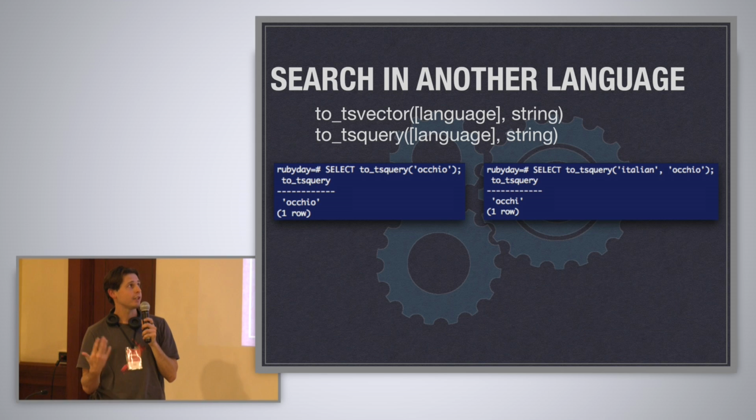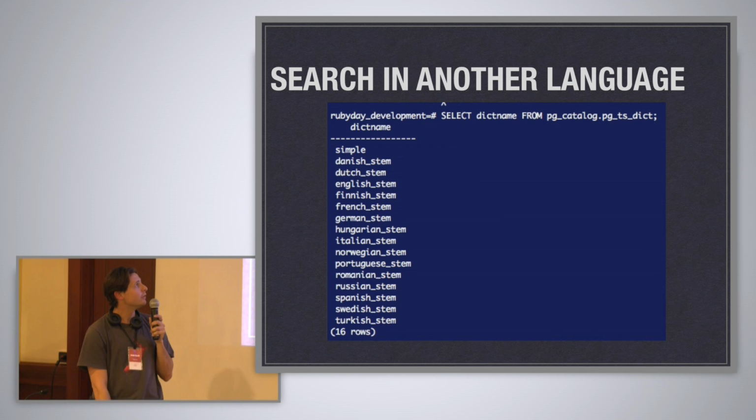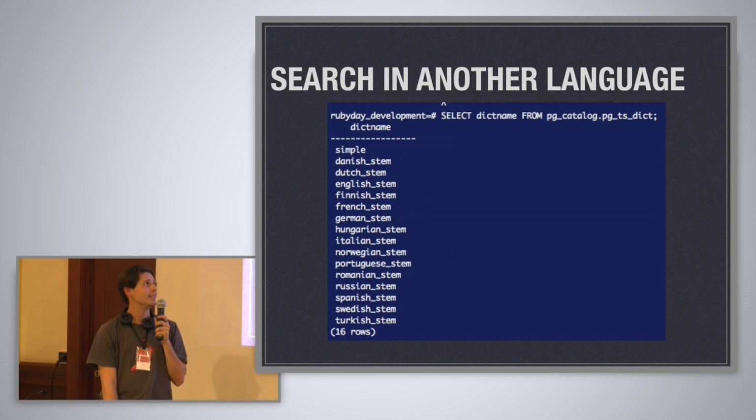But there are plenty of other dictionaries that come bundled with Postgres by default, and you can actually define your own and tweak the existing ones if you need to. And so you can specify which dictionary you want to use by passing it in to the first argument of both the query and the vector. Doing a query of the infamous pg_catalog.pg_ts_dict table will give us a list of the default packages that come bundled with Postgres.